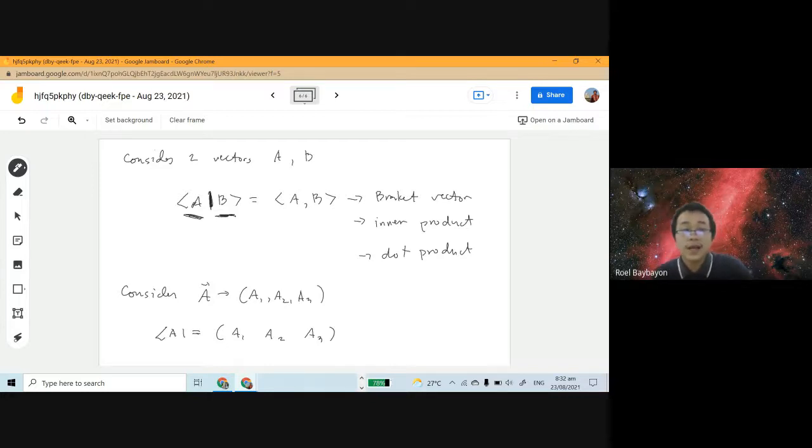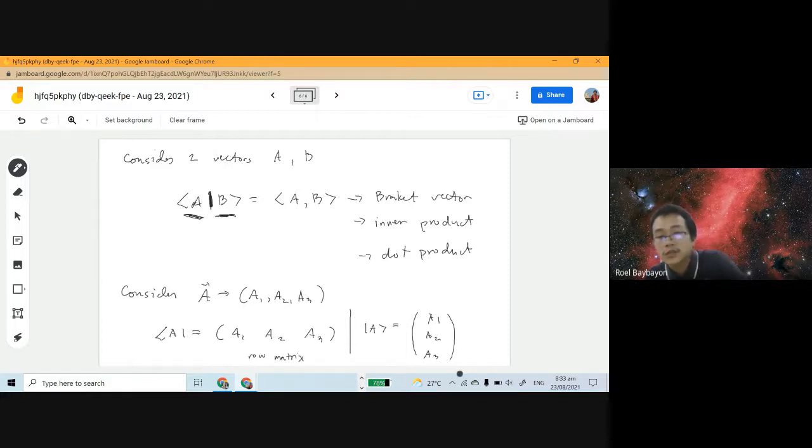While the ket vector of A, pwede na ko siya isulat in terms of matrix, A1, A2, and A3. We call this one as the row matrix. Row matrix.